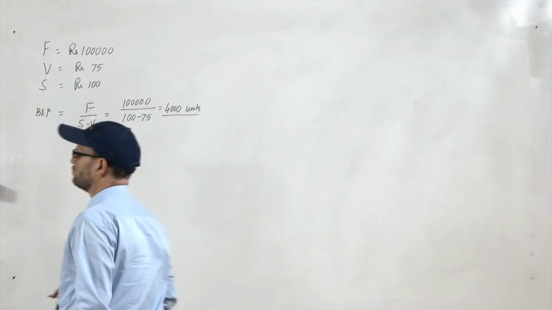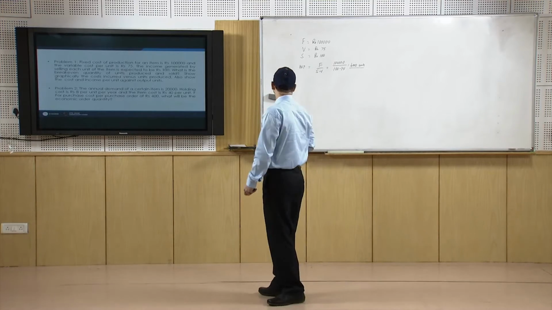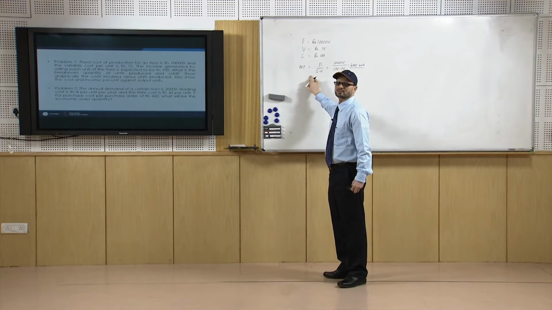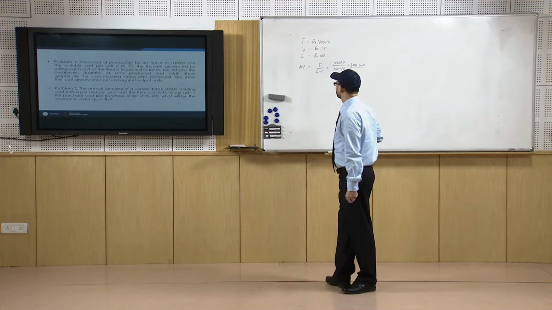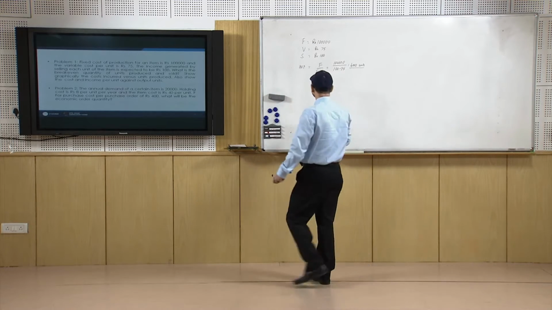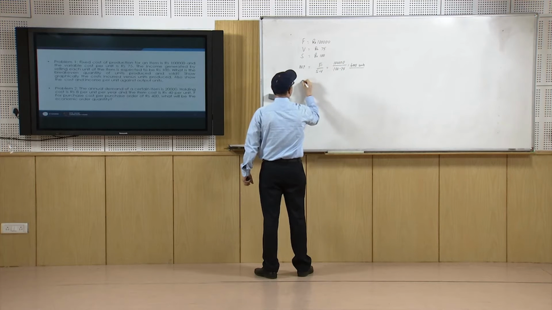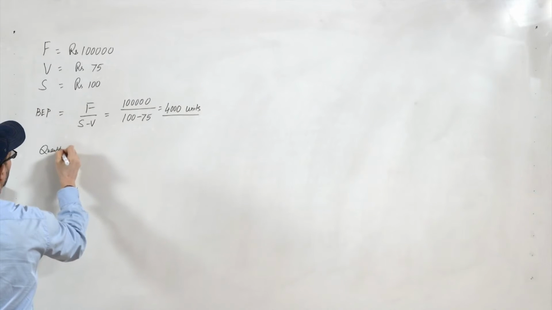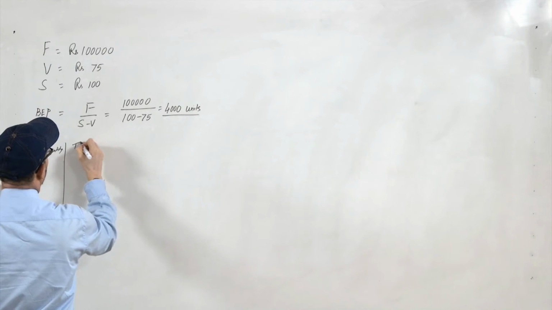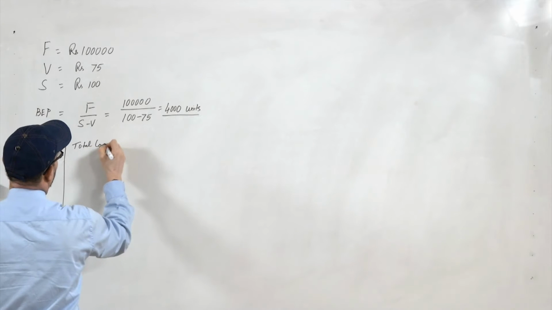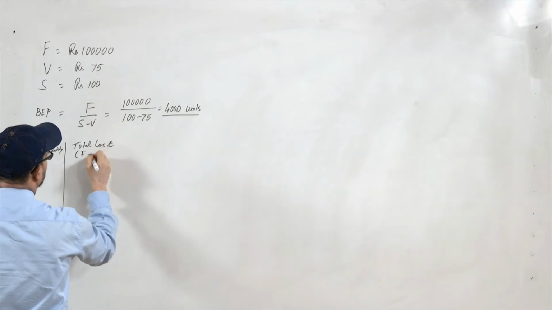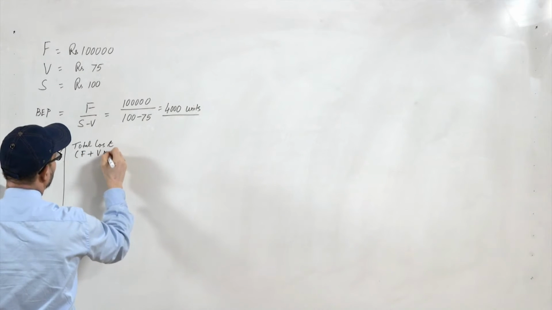So, when we produce 4000 units and sell it, we are at the break even point, means there is no profit, no loss. Let us see in the tabular form how we can see that. So, let us see here the quantity produced and sold. You have total cost. Total cost is nothing but F plus V into N, if N is the quantity.